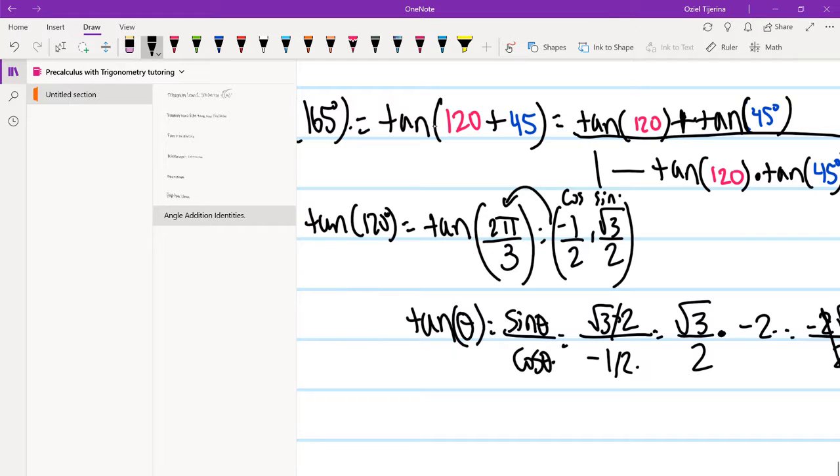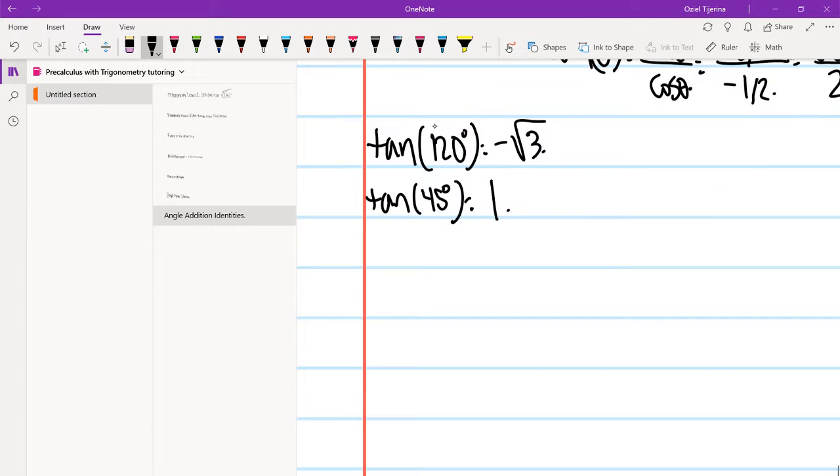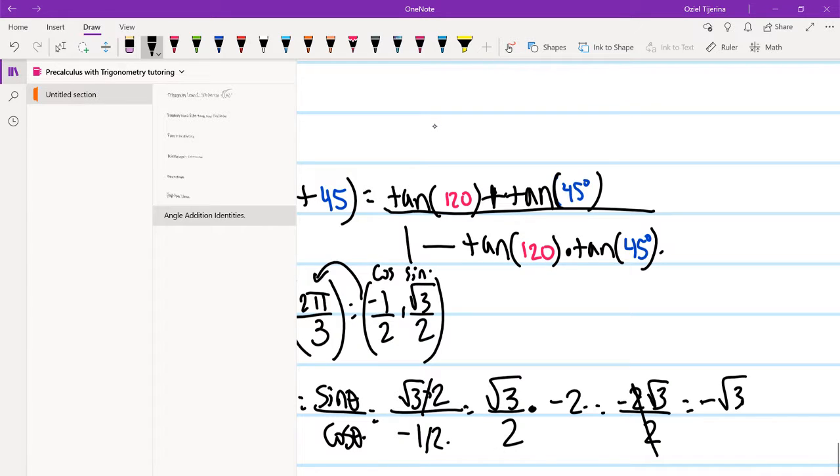And then for tangent of 45, that's 1, because it's the square root of 2 over 2 divided by the square root of 2 over 2, that's 1. And then it's going to be 1 divided by 1. Okay, so since we have both of them already, we're just going to plug it in.